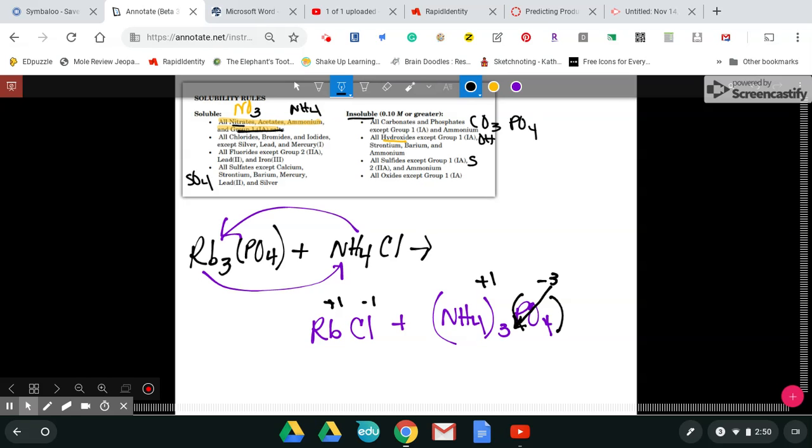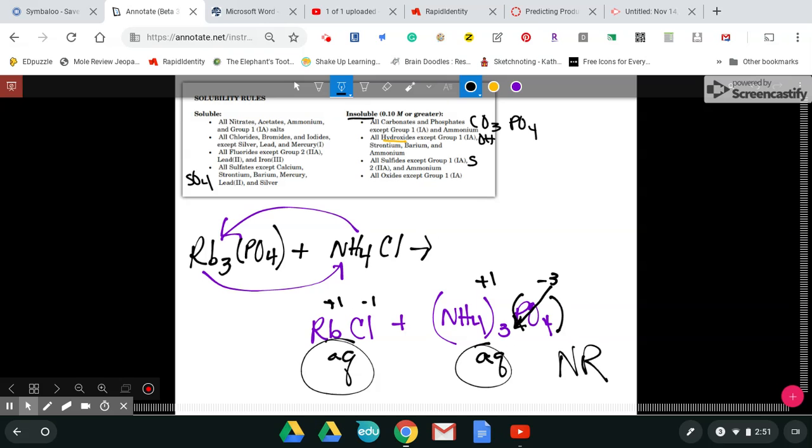So this would be aqueous, right, because it is my group 1. So now look at ammonium phosphates. Phosphates are insoluble unless they have an alkali metal or ammonia. So this would also be AQ. If I have two AQs, this is a non-reaction or no reaction.